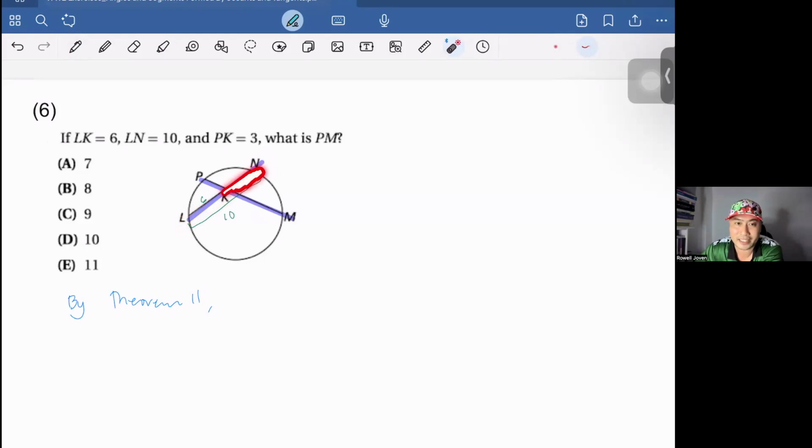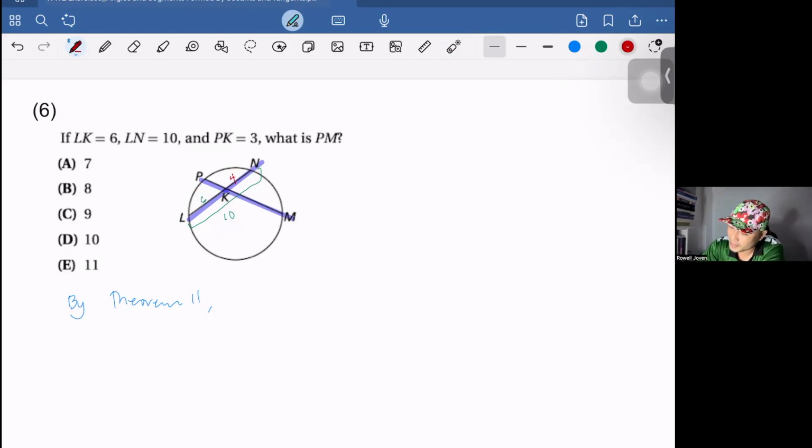Because we want KN later, right? Because this is 10, this is 6, to get this, you just subtract 6 from 10. So 10 minus 6, that's 4. So therefore, this portion is 4 units only. So KN is 4.